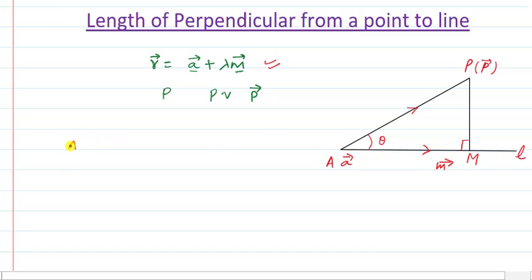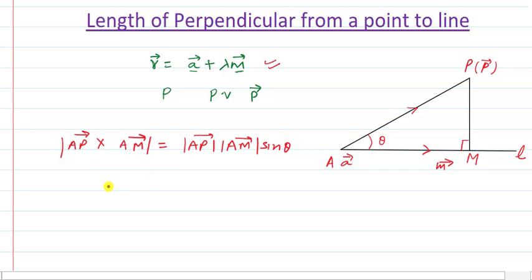So let us use the AP vector cross AM vector, modulus, is equal to modulus AP into modulus AM sin theta. You know this thing very well.